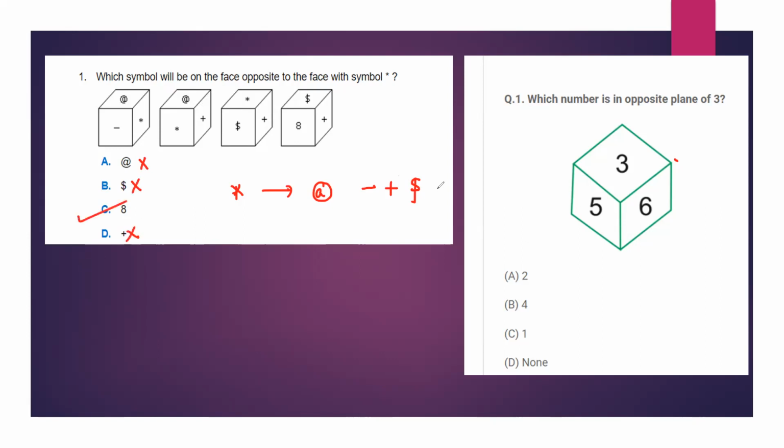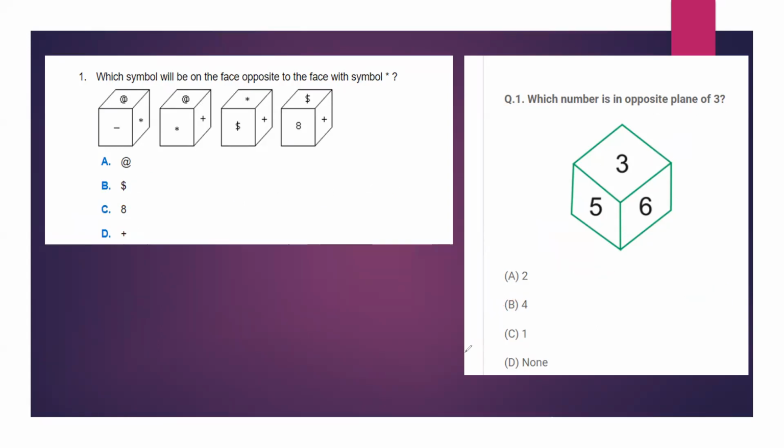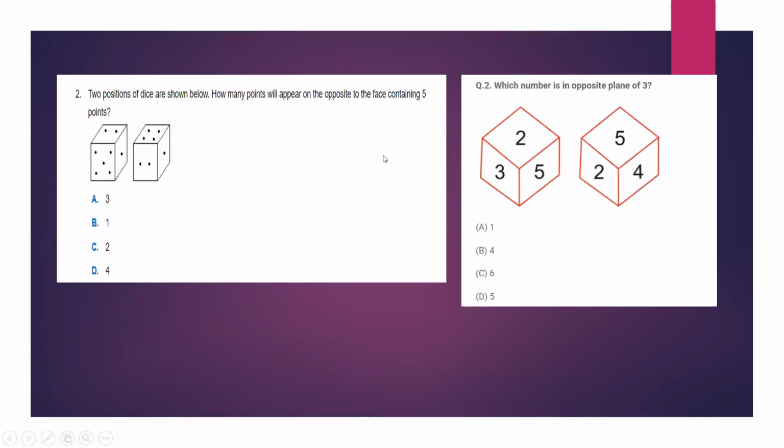So definitely this. Now whenever only one dice is given and they ask you opposite, that means they are using the standard dice concept that the opposite faces always add up to 7. So this opposite will be 4, this will be 1, and this will be 2. So 3 will be 4. Remember, only when one dice is given are they asking you the standard dice question.